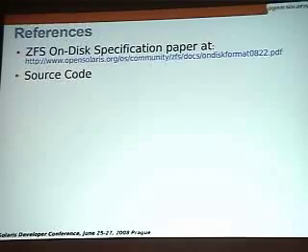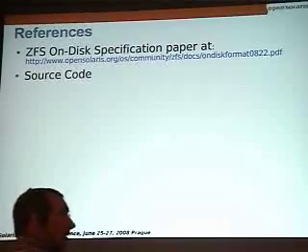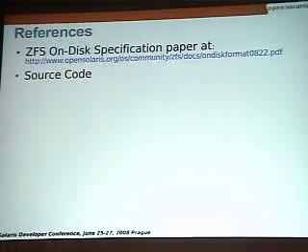So, okay, references. Actually, this is not as complete as I'd like. There's a description of space maps by Jeff Bonwick that you can find on his blog. I don't talk about space maps, but you'll run into them if you try to look at this stuff. There's a couple of descriptions of things like copy on write that are quite good, but again, when I was doing the slides, I didn't have time to look for my references.